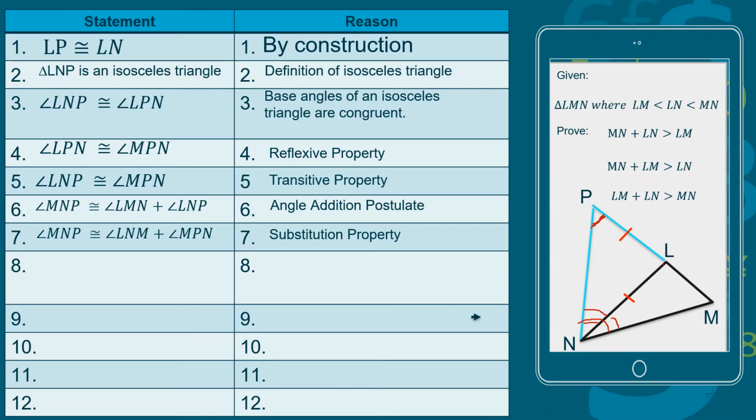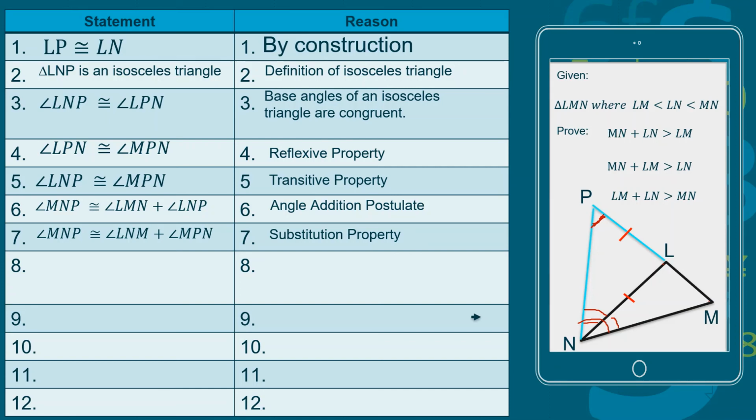We just substituted from statement number 5 that LPN is congruent to MPN, and from statement number 6 that MNP is equal to LNM plus LNP. Okay? So next, statement number 8.